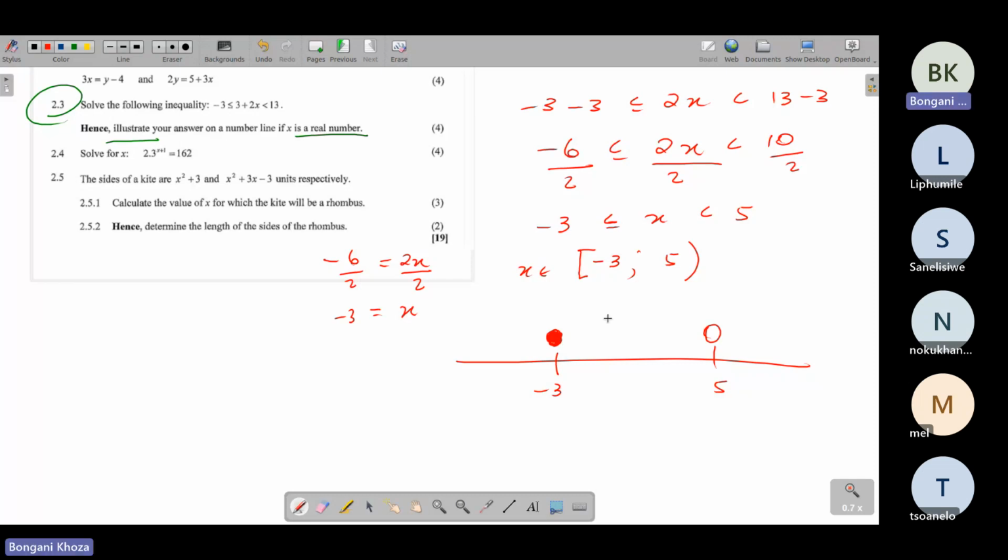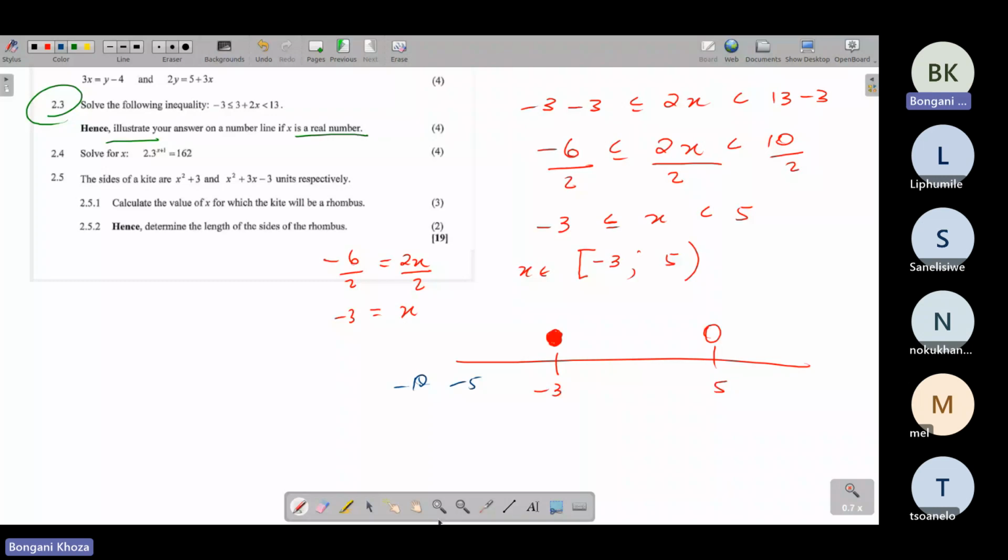Then from there, we go back here and take any number from this side that's less than -3. So -5, -10, all of those numbers are less than -3.